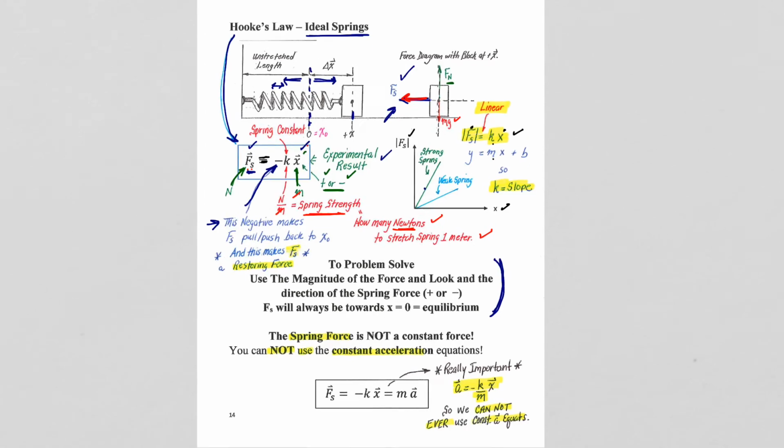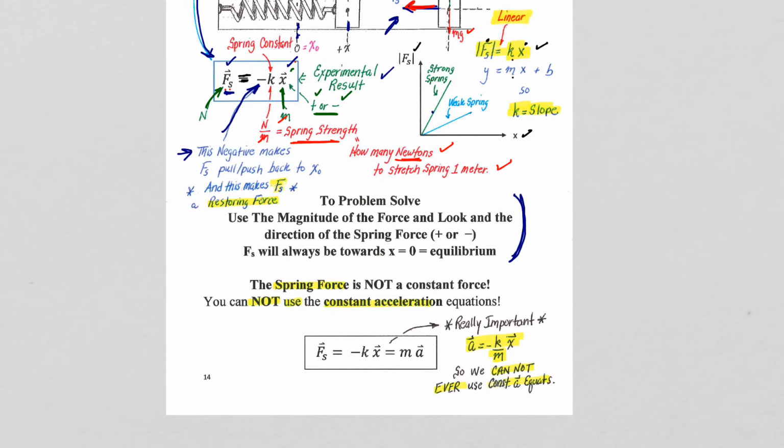So regardless of the negative in the equation, I know the spring force here is negative because it's pulling to the left. Okay. The last part of the notes for this introductory lesson to springs is really, really important.